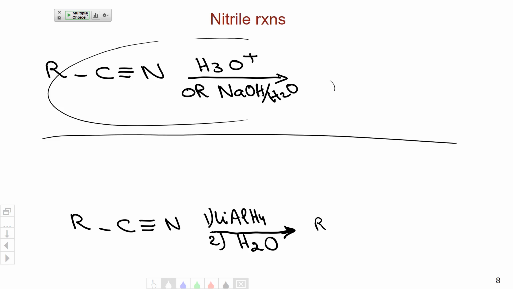It will reduce it to R-CH2-NH2, a primary amine. There is no change in the number of carbons during this process, because it's just a reduction, the same as the hydrolysis, where there is no change in the number of carbons.